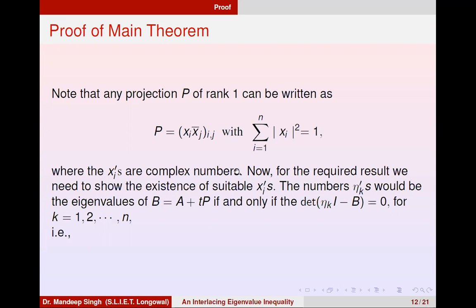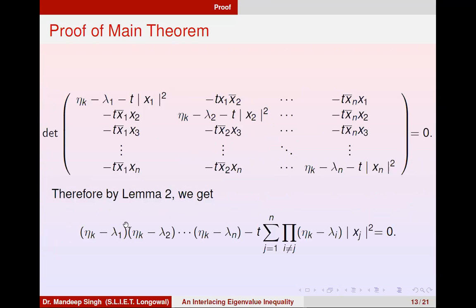Then I am to now search out these x i's. My problem is to find out these x i's in such a way that the eigenvalues of this B should be exactly eta j. And the eigenvalues of B being exactly eta j implies the determinant of this matrix should be 0 for all k from 1 to n. That means the determinant of this matrix should be 0.